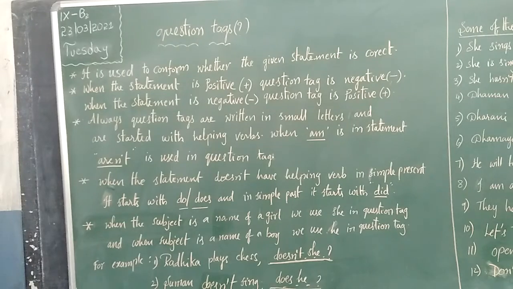And the second sentence, Suman doesn't sing, and the question tag is does he. See, the given statement is negative, that's why the question tag is positive. Once you just check this one, see, these are very important points we have to consider when we write these question tags.